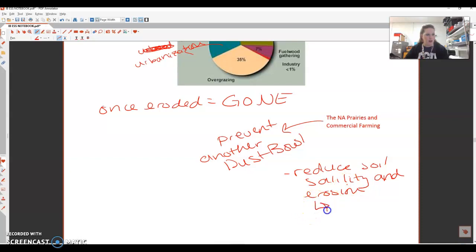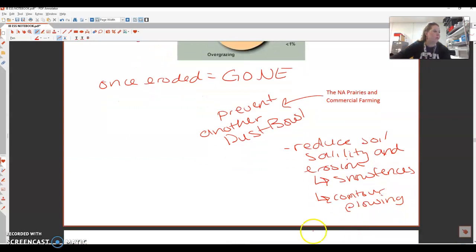And the way they did this is they have snow fences. So they're able to gather all of the snow and that water is able to slowly penetrate the ground so that there's not drought-like conditions. And then we also have a process called contour plowing. We'll talk more about that in agriculture, but it's basically plowing the land in a specific way to prevent erosion.